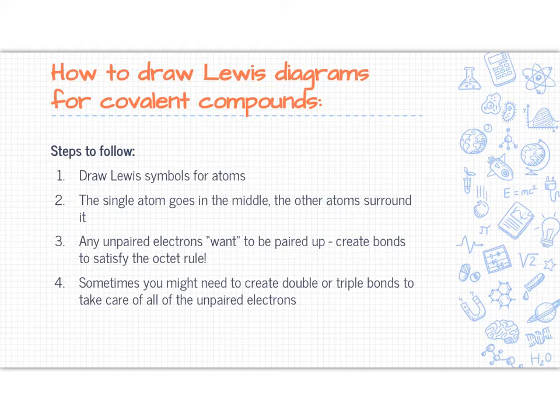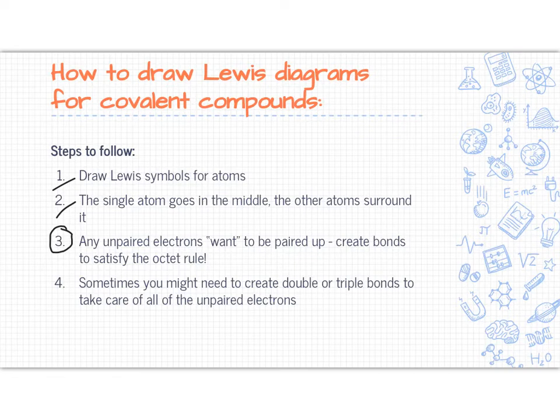In order to do this, we are first going to draw Lewis symbols for each of the atoms in the molecule. The single atom is going to go in the middle, and the other atoms are going to surround it. Then step 3 is really key: any unpaired electrons are going to want to be paired up.